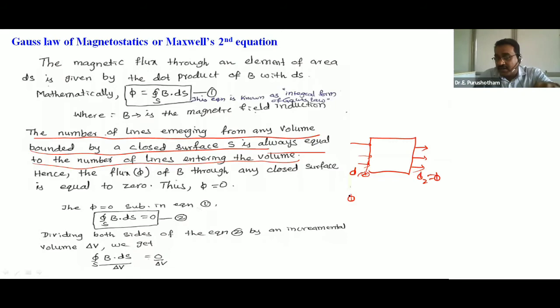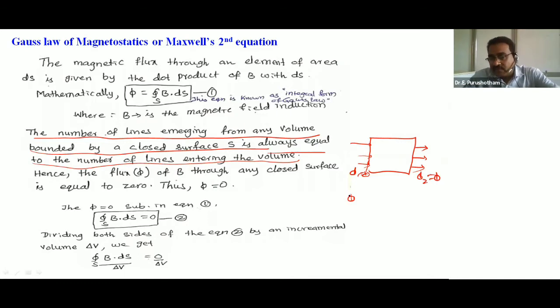What is magnetic flux? The total number of magnetic lines of force passing through a certain area of the material is called magnetic flux.